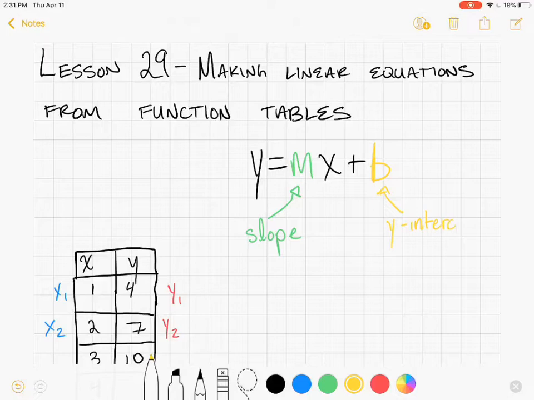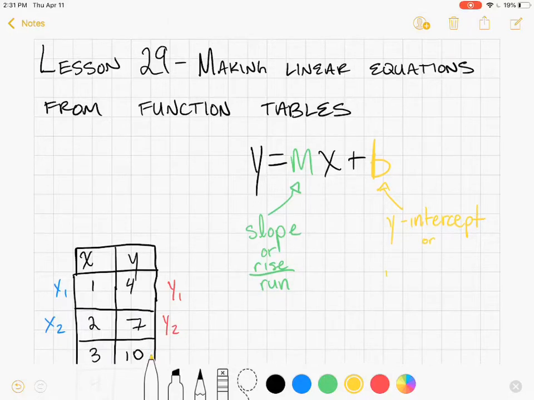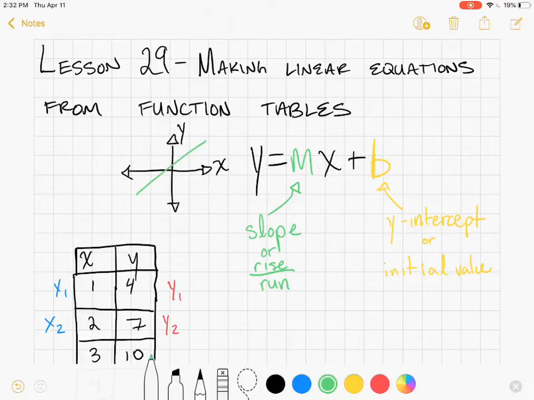y-intercept. And there's two important things to remember about slope and y-intercept. Slope can also be talked about as rise over run, okay? And y-intercept can also be talked about as the initial value. So when you're looking at a coordinate grid like this with an x and y axis, your y-axis is this one, your x-axis is this one, and your slope continues like this in all directions.